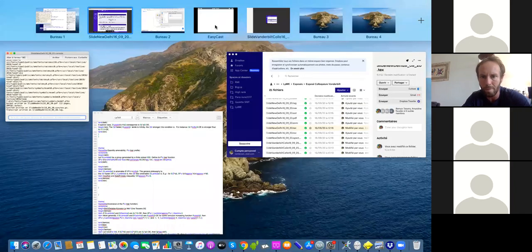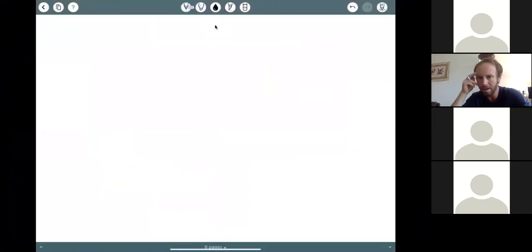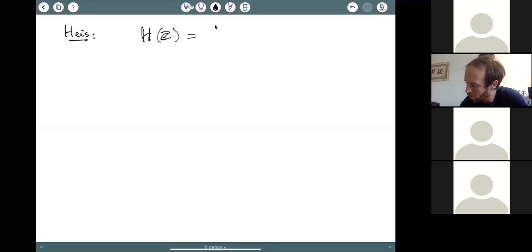So sorry, let me come back to this whiteboard. The Heisenberg group over the integers is the following group. It's a group of matrices which look pretty much like an abelian group, but it's not.